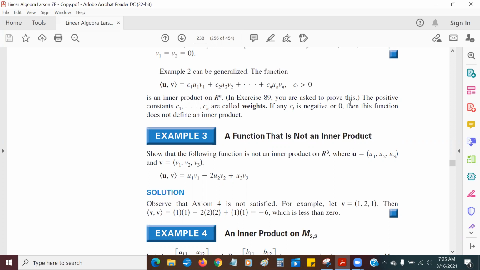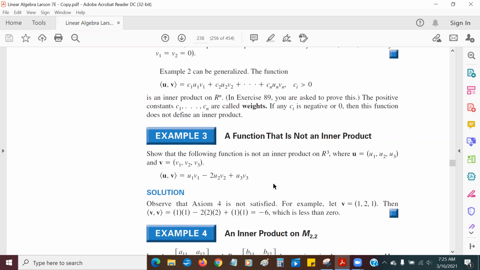Moving on to example 3. Here's an example of a function which is not an inner product. So we're looking at R3 now. So u is u1, u2, u3, v is v1, v2, v3, and now our inner product is u1 v1 minus 2 u2 v2 plus u3 v3.